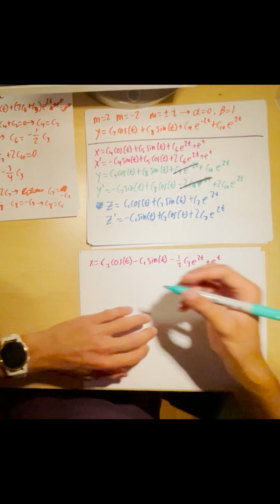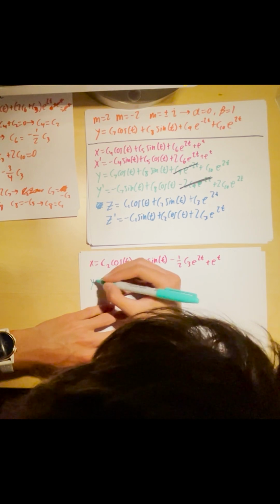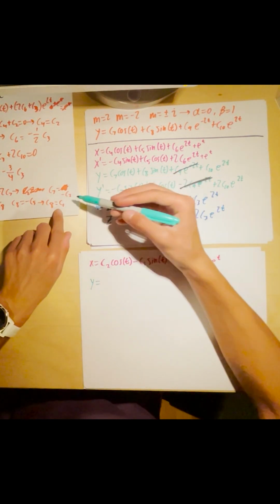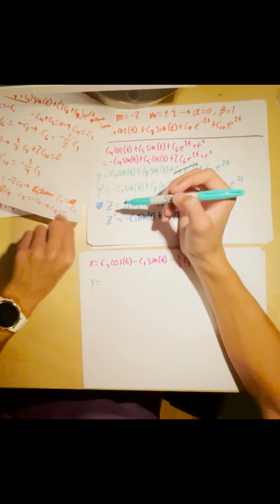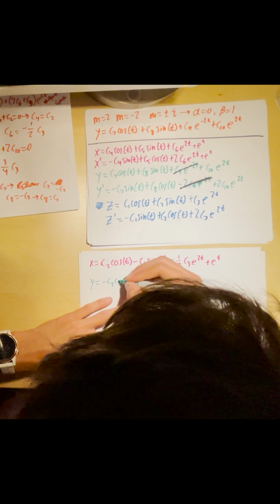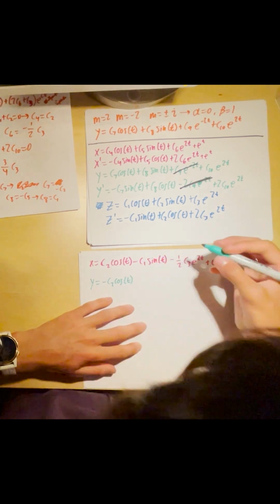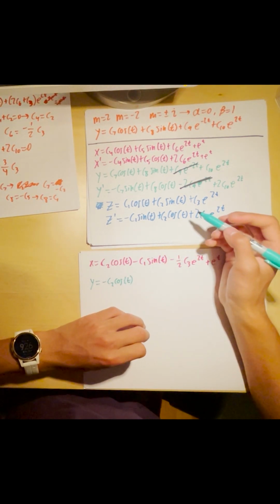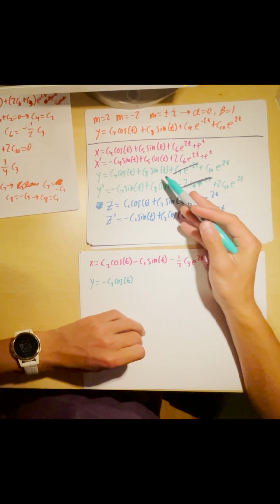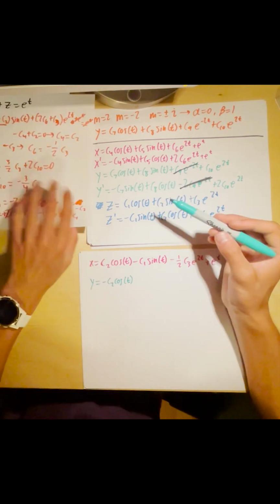Let's move to y. Y equals, so C7, what do we get for C7? Ah, C7, negative C2. Negative C2 cosine of t. Well, what did we get for C8? C8, we got C1 right here.